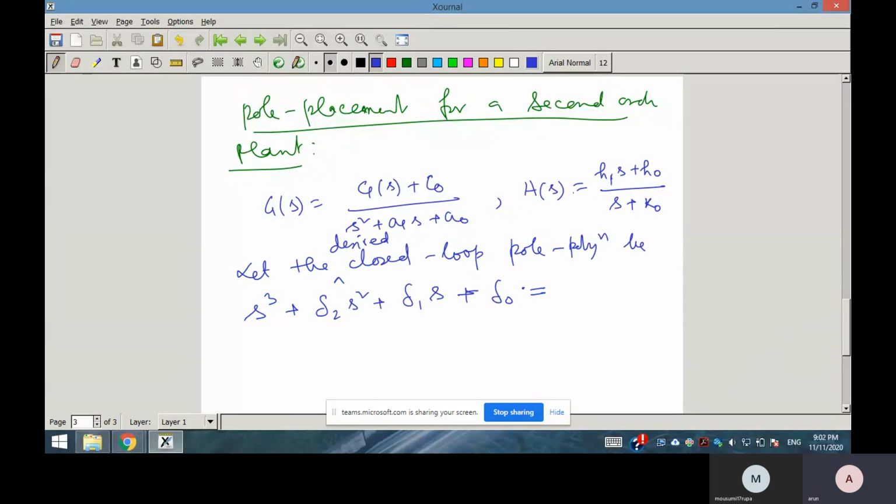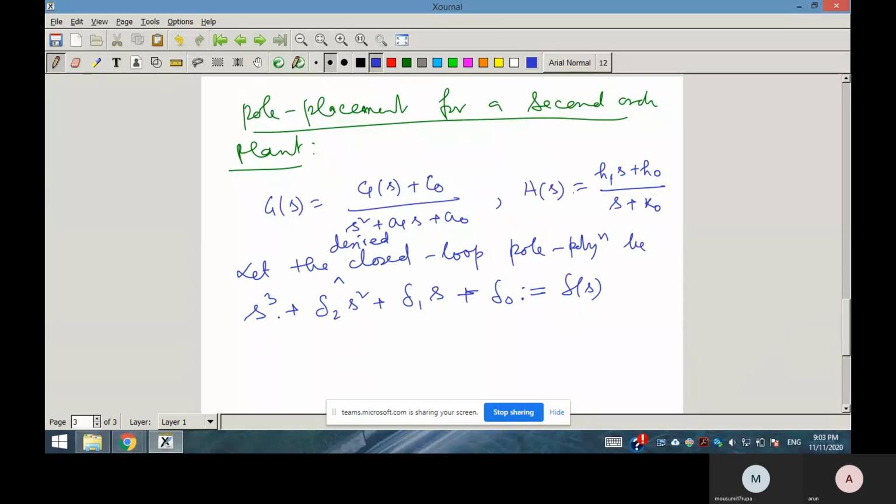This I am defining as small delta of s. So delta(s) is your closed loop pole polynomial.